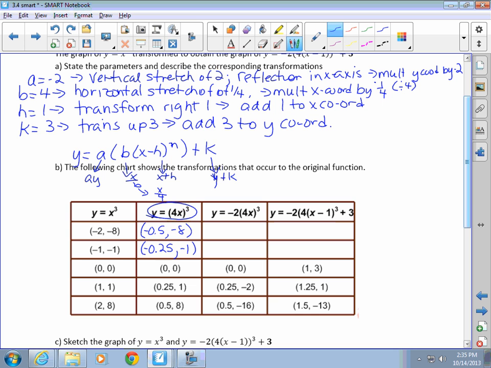Now if I take a look at the a value, this -2 means that I have to multiply each of my y's by -2. I've already taken care of the b, so I'm going to just put those in.